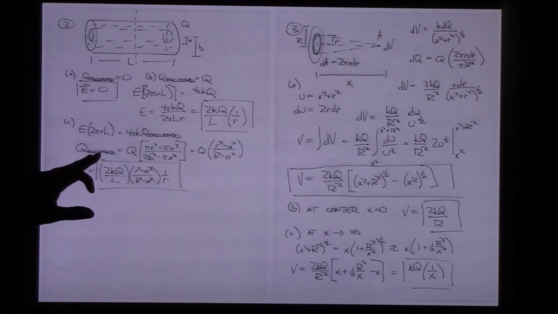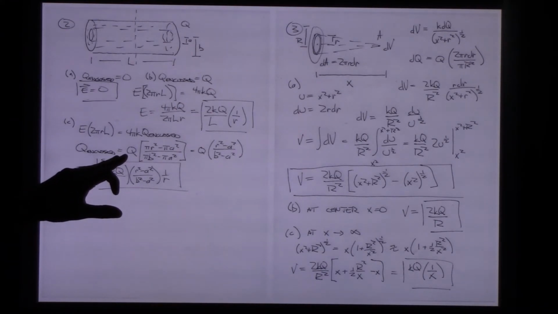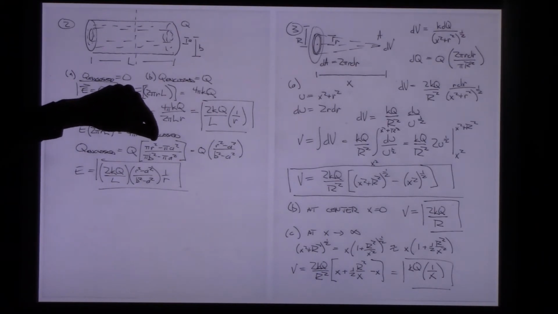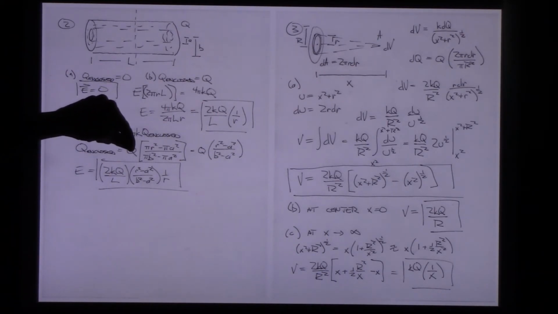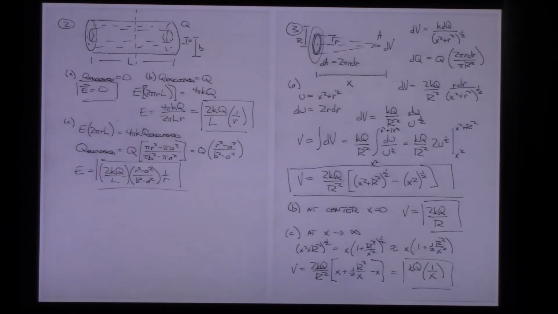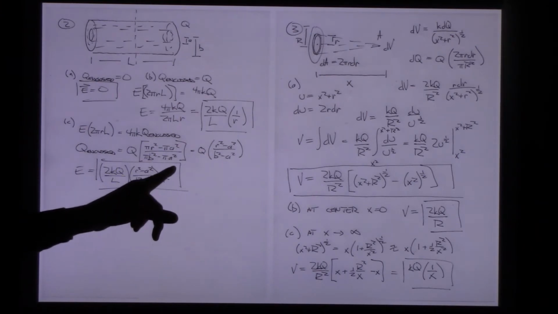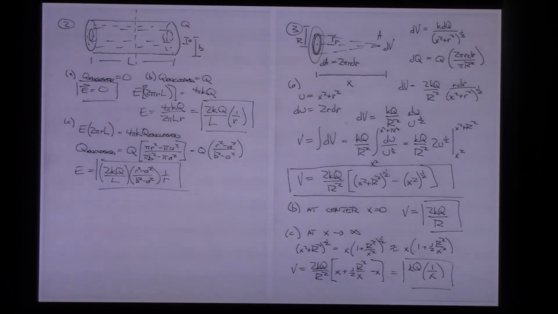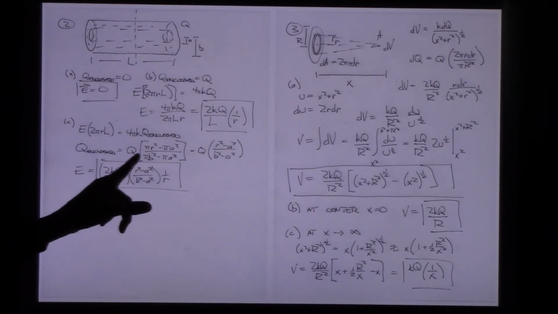Q enclosed is going to be a fraction of the total charge, and it's going to be the enclosed region, pi r squared minus pi a squared, over the total area of that region. Now, there's a factor of L, top and bottom here, but those have both canceled out. So this is giving us the fraction of the total.